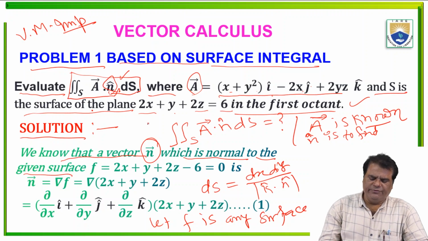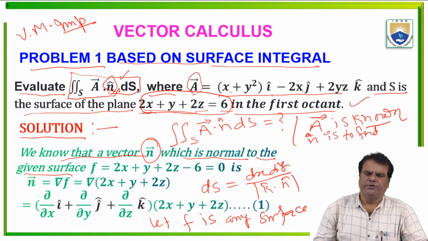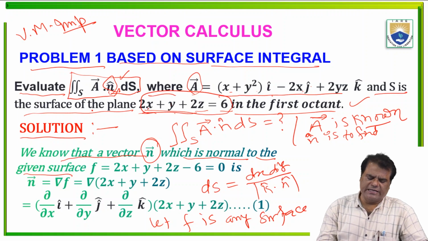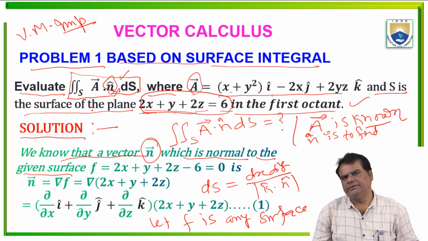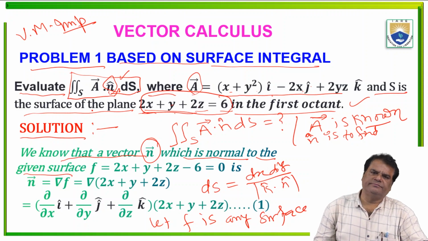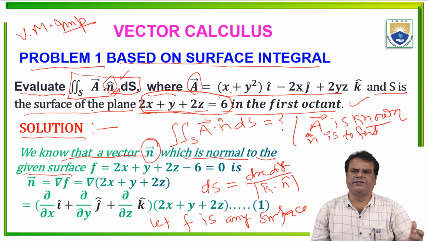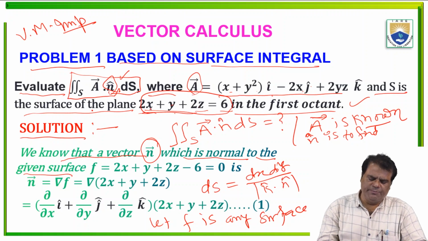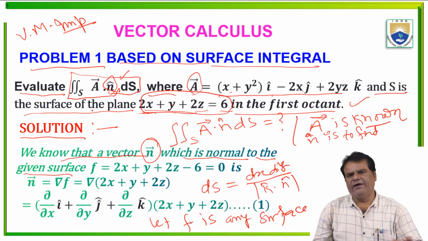Here the surface is a plane: 2x + y + 2z = 6. The equation of the plane is given here, so this is represented by f.